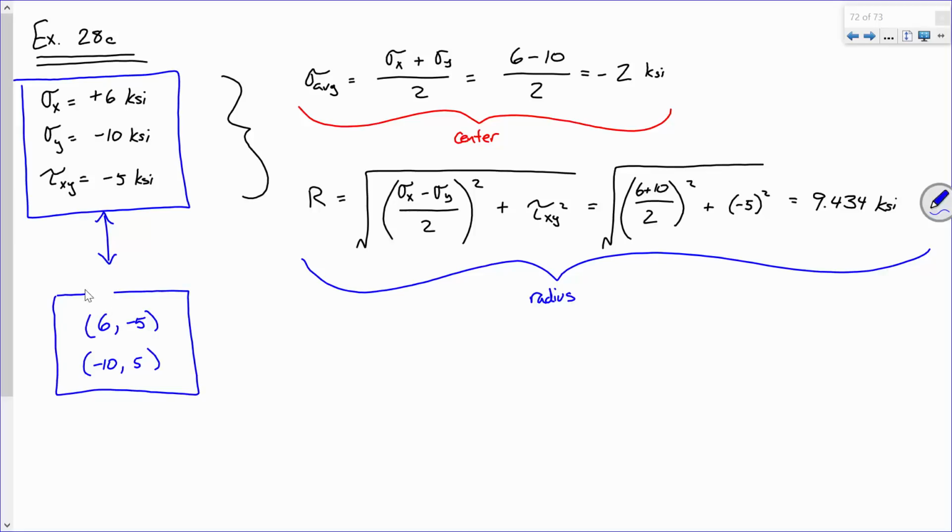Now, just take a breath. It'll be all right. Craziness, right? Mohr's circle is constructed based off of your principal orientation. Honestly, that 6, that negative 10, that negative 5, that was arbitrary.